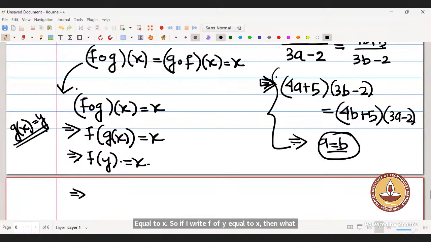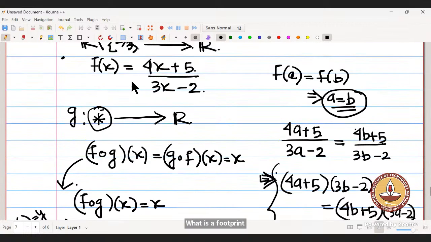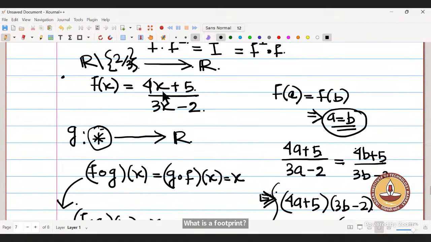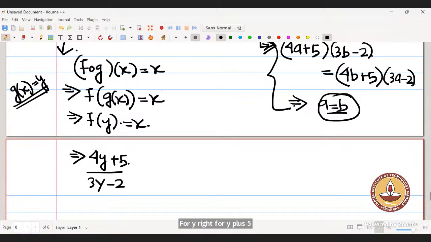It's (4y plus 5) by (3y minus 2), which is x, right?